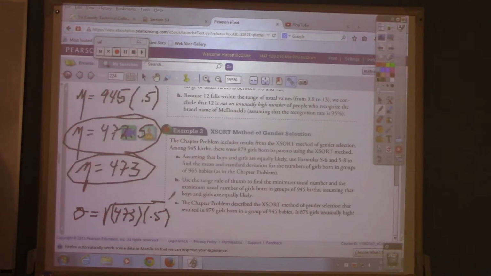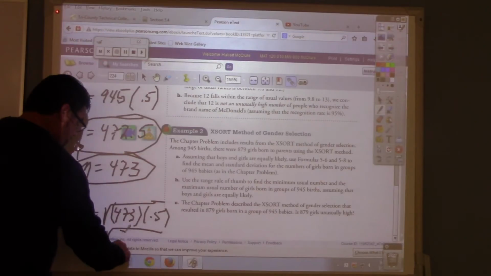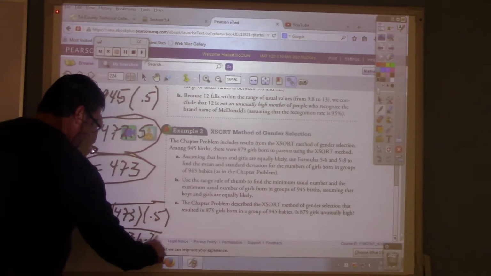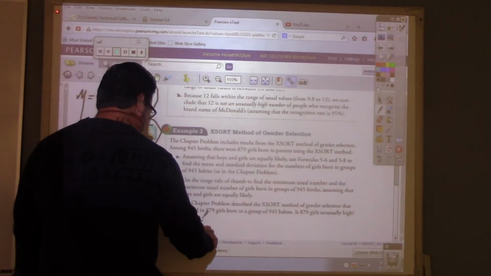So the square root of 236.25 or 237. The square root of 225 is 15, 16 squared is 196, right? 17, I have no idea. What is it? 15.37.